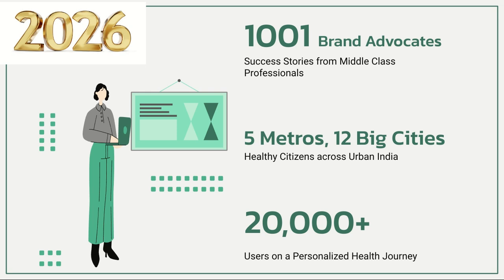The reach of Mission Arogya Shakti could be quite amplified, and they hope to have significant reach in 5 metros and 12 big cities across India, and they hope to have 20,000 plus people enrolled as users on a personalized health journey. So these are some numbers that Neeraj and team have come up with as of now.